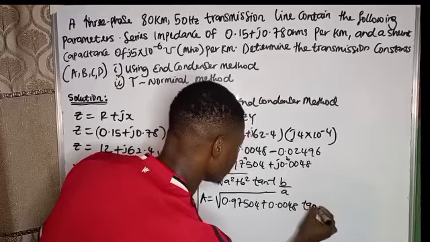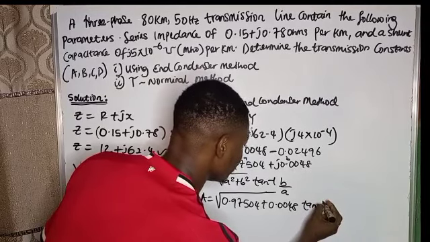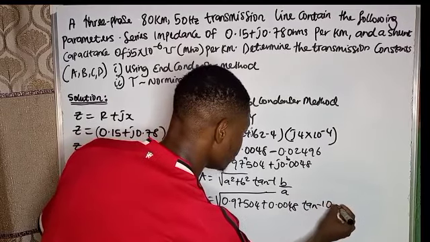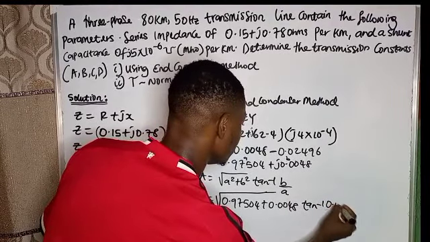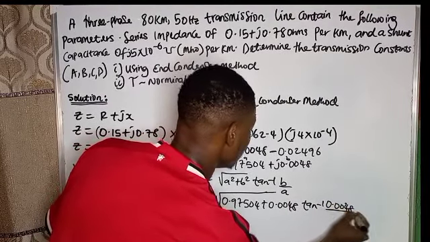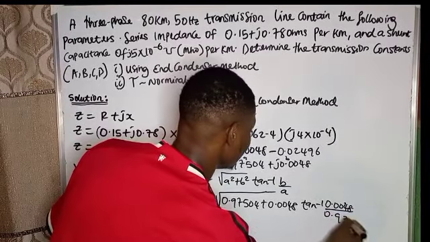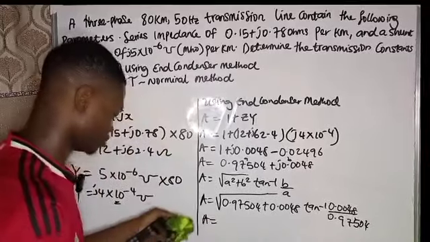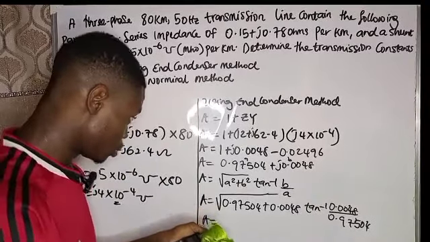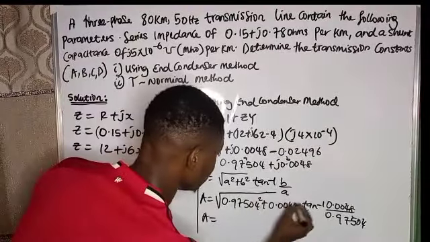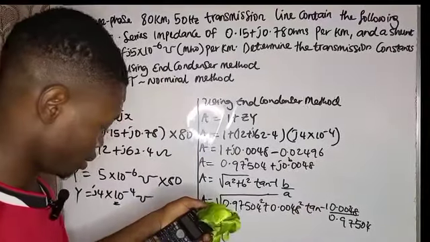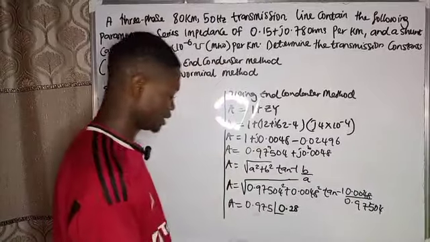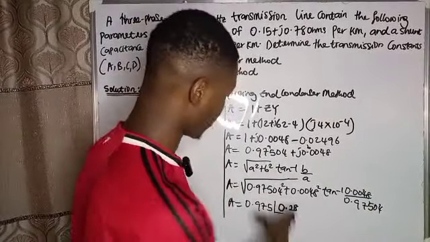Then tan inverse, or arctan, of B over A, which is 0.0048 all over 0.97504. So my A will be what? Remember, it's square root. So we have converted it to polar form.